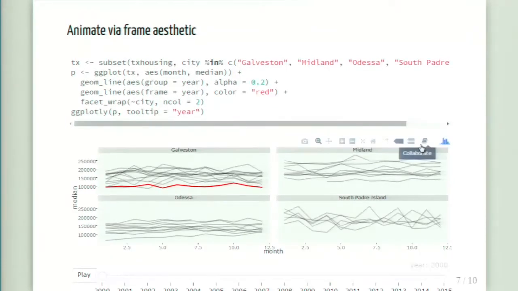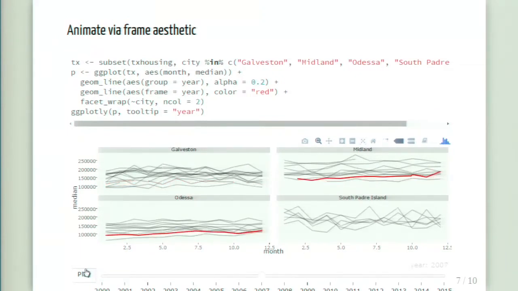And some nice things that we can take advantage of with this new capability are some animation and interactive capabilities in Plotly. So just by adding this new layer where I'm specifying a frame aesthetic, instead of plotting a line for every year, I can animate over specific years, so I can see how the annual pattern changes from year to year.